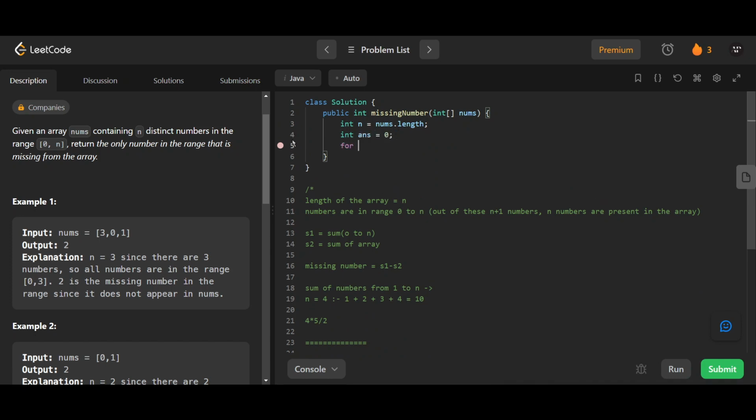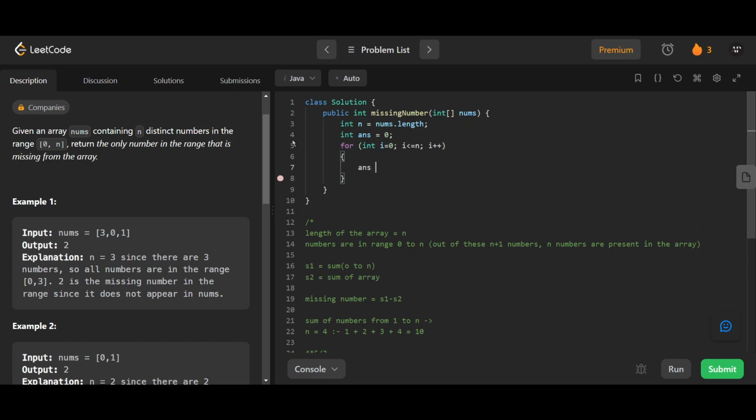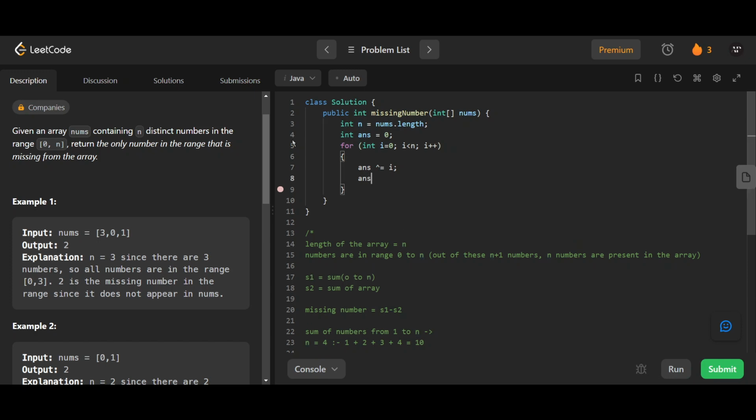So that was one solution, and I am suggesting another solution. So you do first for int i equals 0, i less than or equal to n, i plus plus, answer XOR equals i, and then you also do i equals 0, i less than n, and I could do i plus 1, right?